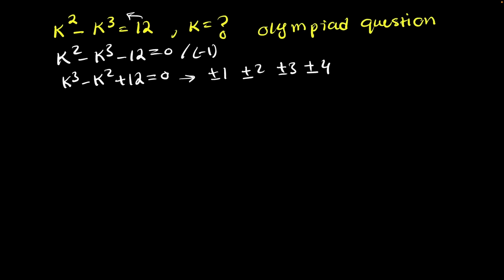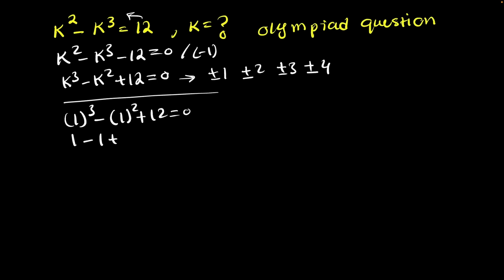So let's try +1, for example. If we try +1, it becomes 1 cube minus 1 square plus 12 equal to 0. 1 cube is 1, minus 1, plus 12.